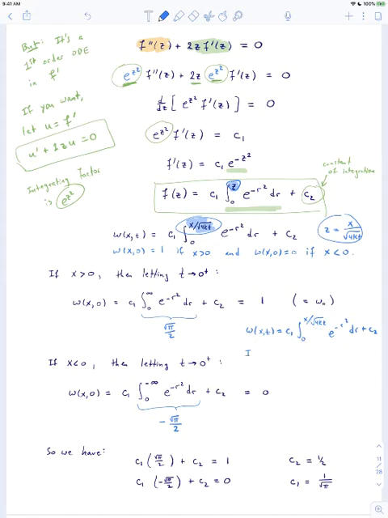So the initial condition says that the limit as t goes to 0 from the positive side, because t can't be negative since it represents time, of w at x comma t is going to equal w at x comma 0, which is w0, which is 1 in this case. So we know that if we compute this limit, it's going to be equal to 1.